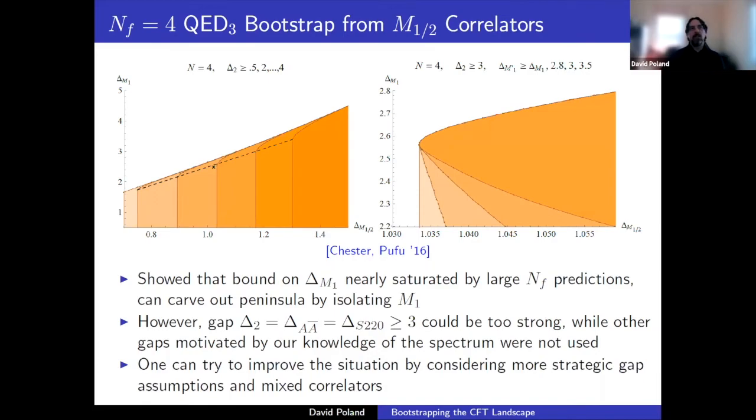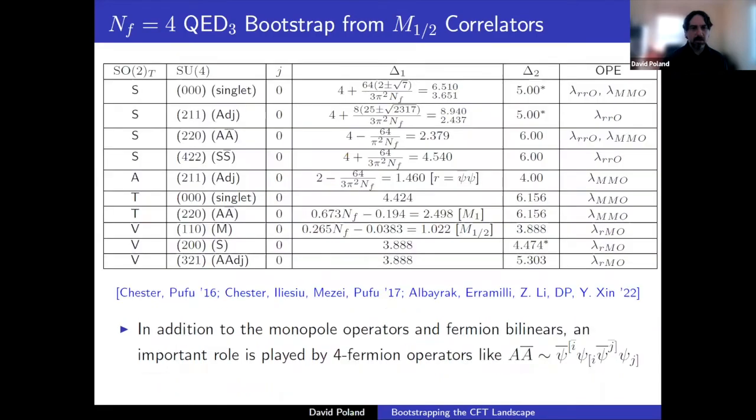In general, the bootstrap equations can be analytically continued in NF. One thing I'd want to think about is whether you could make sense of the representations of the monopole operators at odd values of NF. I'm not completely sure.